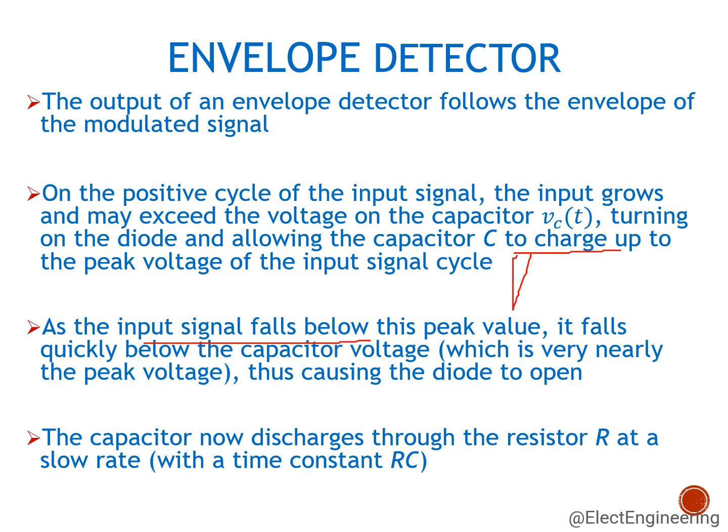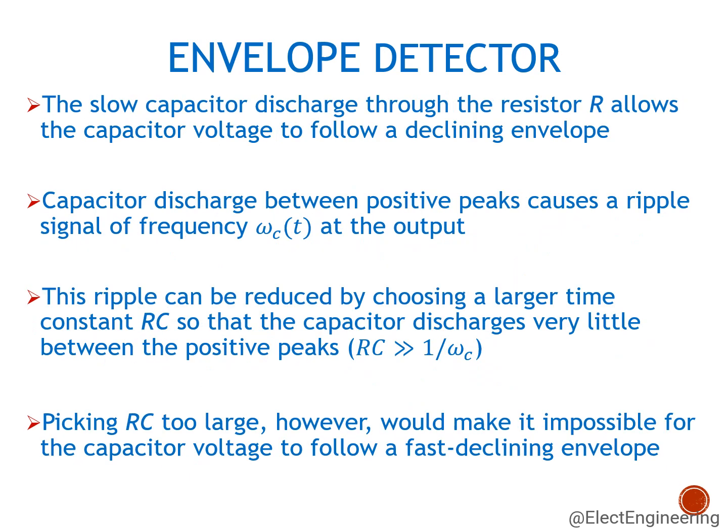So it discharges through the resistor R, so we get a waveform like this. So this is the peak charge. As soon as the voltage starts dropping, the capacitor slowly discharges, and then on the next cycle of the AM wave, the capacitor charges again, and so we have a sort of ripple structure which effectively follows the envelope of the signal m(t).